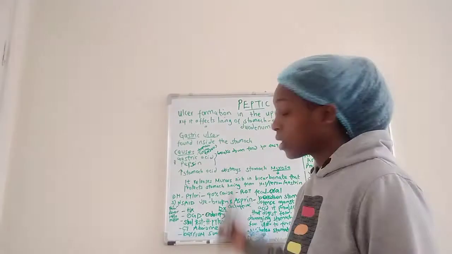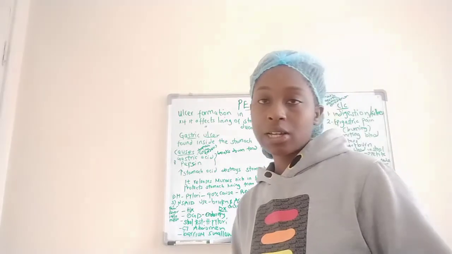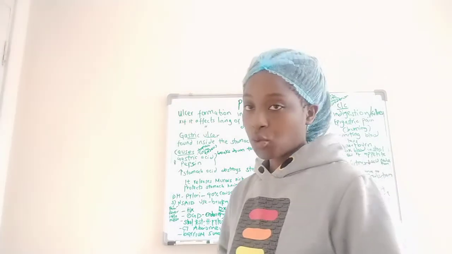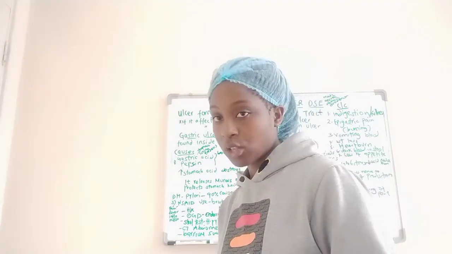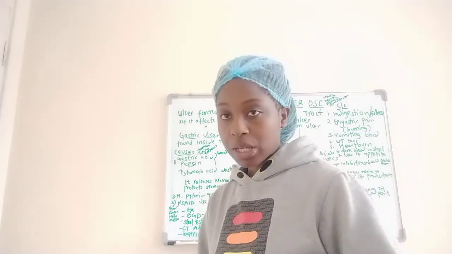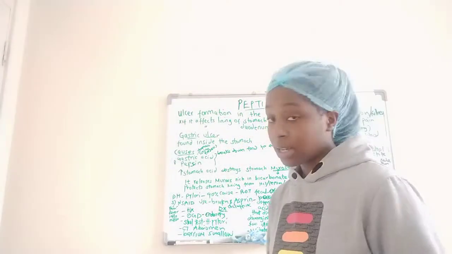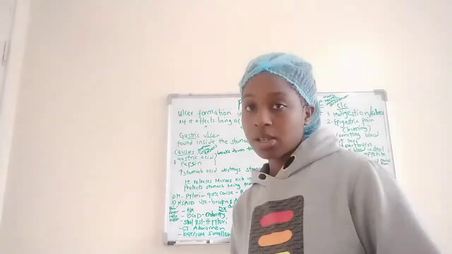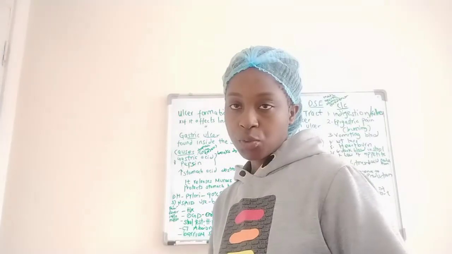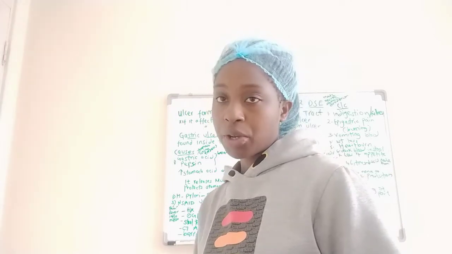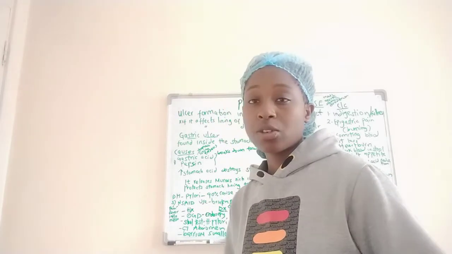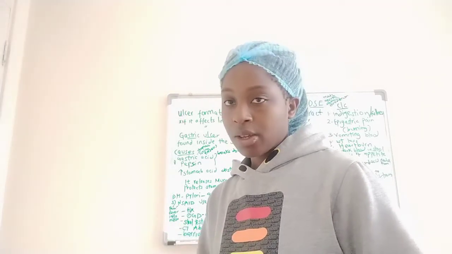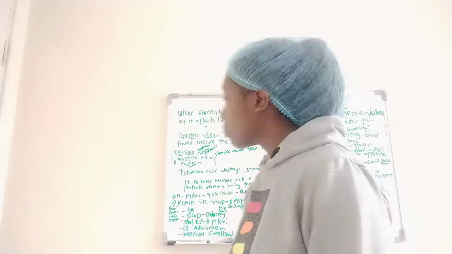So if the stomach lining, called the mucosa, is broken down and the stomach gets into contact with these gastric acids and also pepsin, an enzyme that is used to break down proteins, and is exposed to them for a longer period of time, then an ulcer will form.